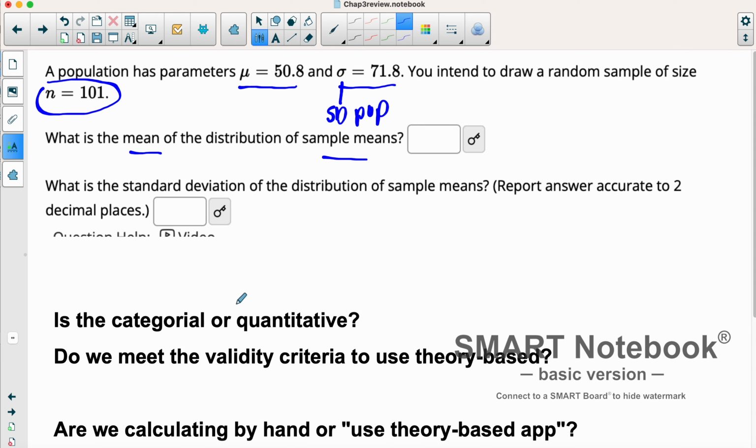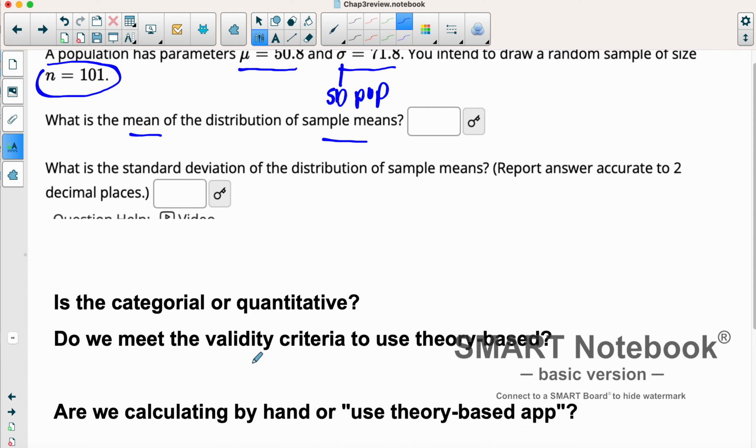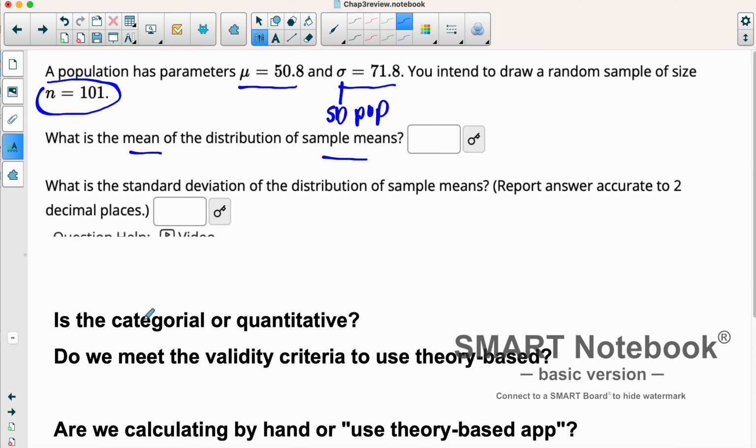It doesn't say use the applet, but here's the questions I want you to ask yourself. Is this categorical or quantitative? Well, we have a mu, which means the mean or the average of the sample. We don't know what kind of average, but we have mu, so it's quantitative.